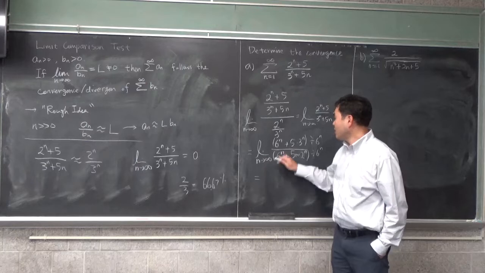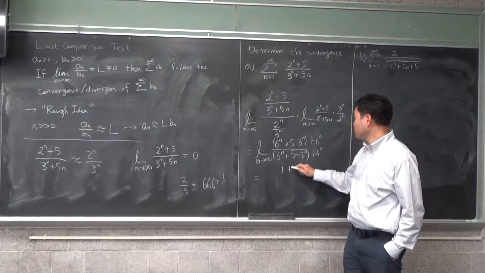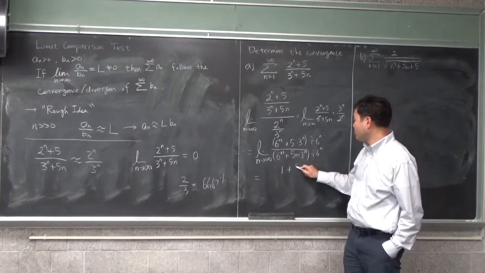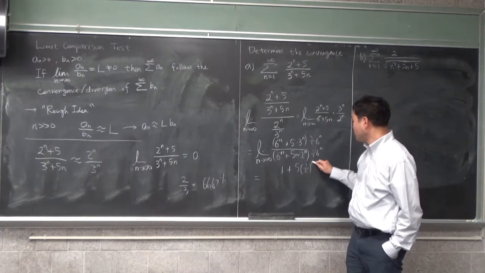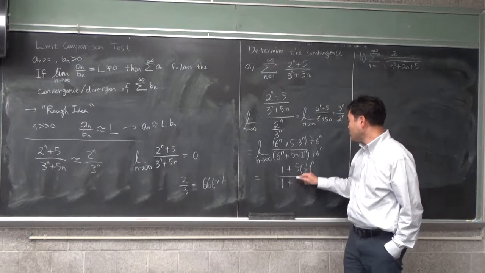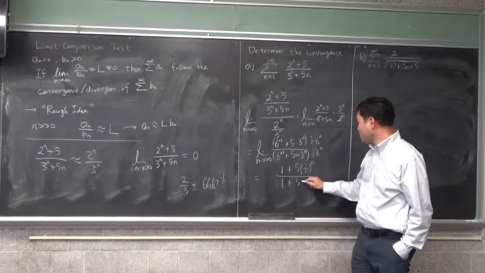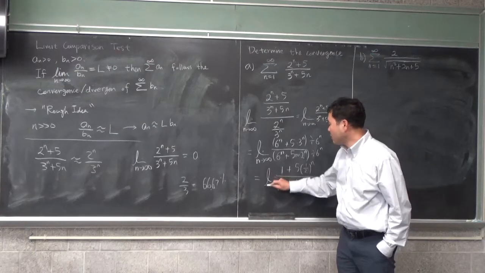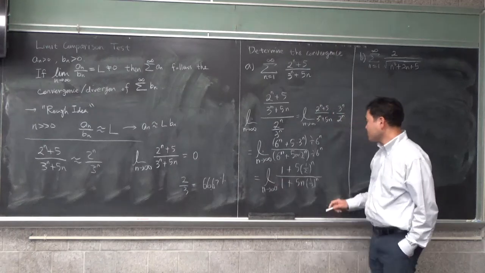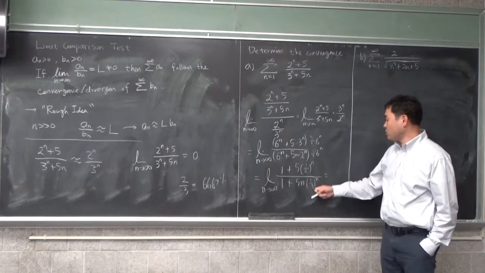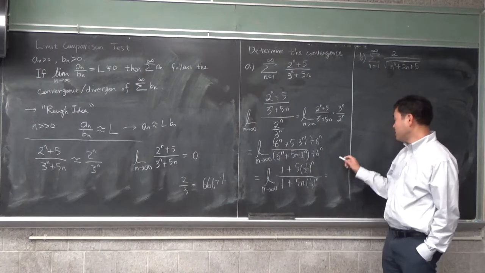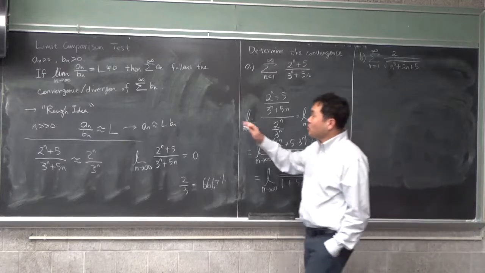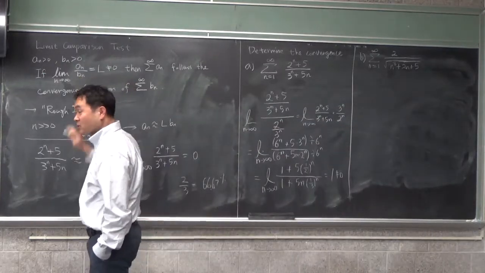Anything divided by itself is 1. 3^n divided by 6^n is (3/6)^n, which is (1/2)^n. 1 plus, in the same way, 2 over 6 is 1/3, so 5n times (1/3)^n. Limit as n goes to infinity. And this becomes 0, this becomes 0, so it's 1 over 1, right? Which is not equal to 0. So we've managed to satisfy the condition, okay?